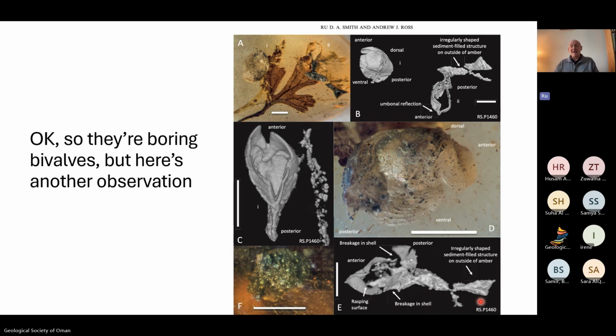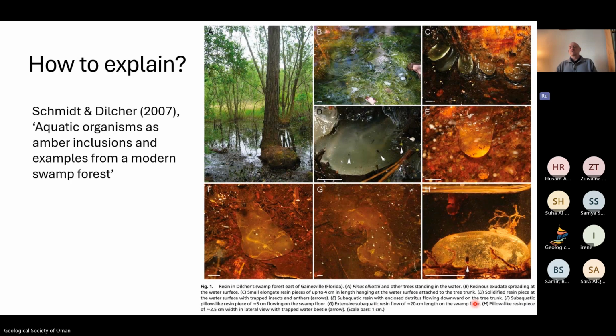So what's happened here, it looks like the bivalve has pushed into resin that's still soft, which is really interesting. And it was really interesting to my co-author, Andrew Ross, because he thought the borings meant that the amber and the insects inside could be much, much older. But what this is saying is it looks like it's been trying to bore into something that's still soft. And if we go to the next slide, we get support for this idea.